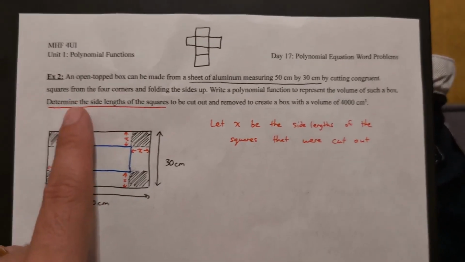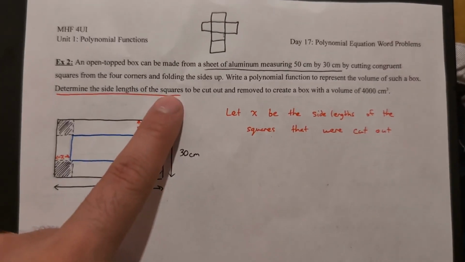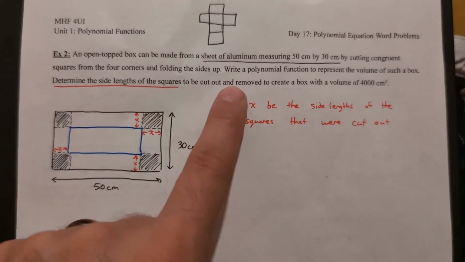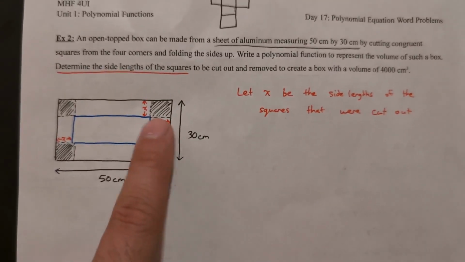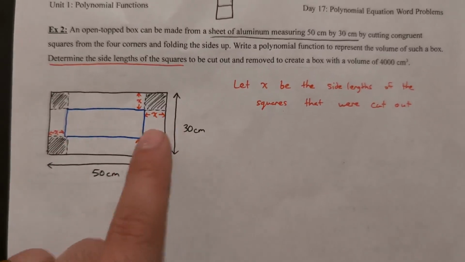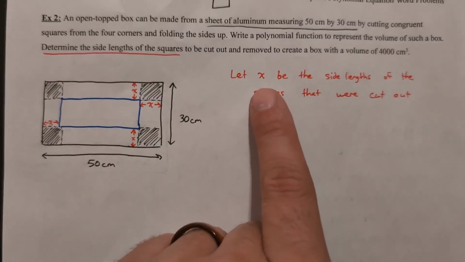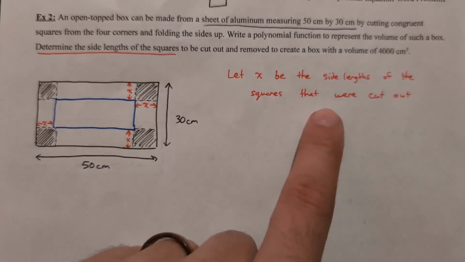The question asks us to find the side length of these squares that are being cut out and removed. It doesn't matter which square you pick, they're all the same, so we'll say x is the side length of the squares cut out.